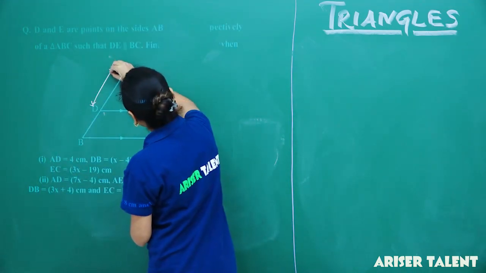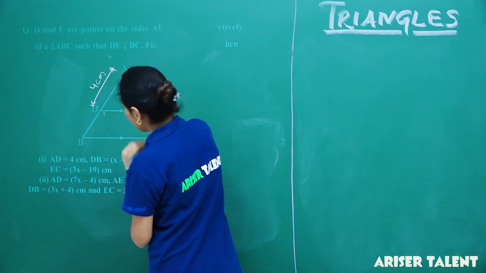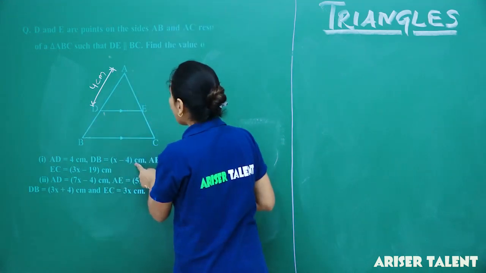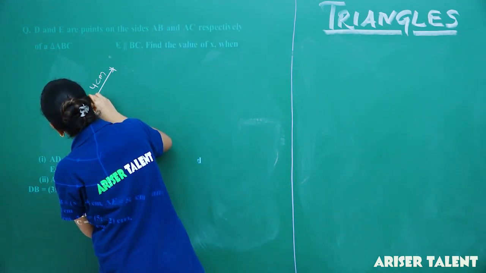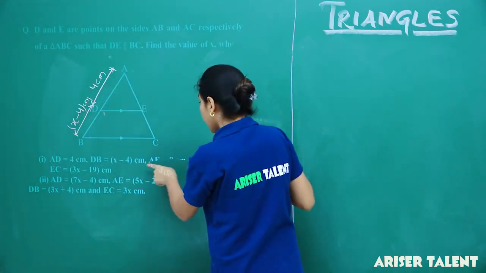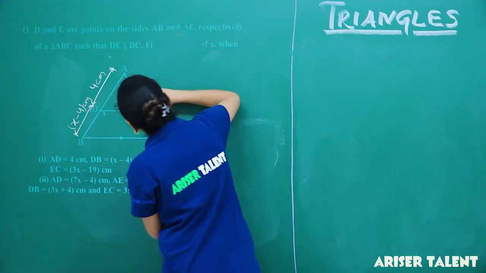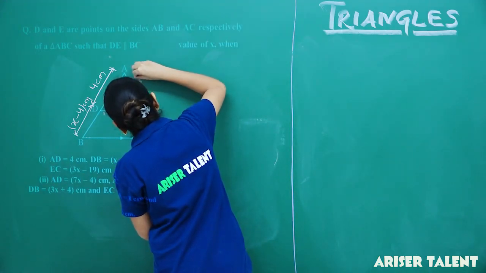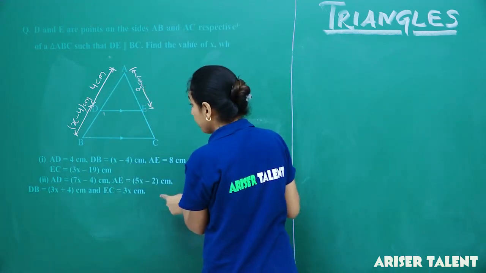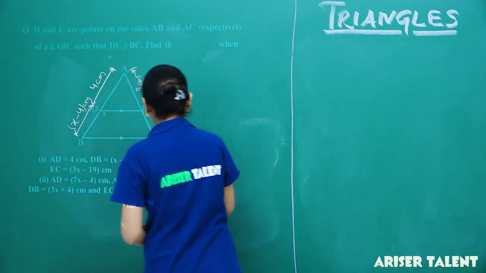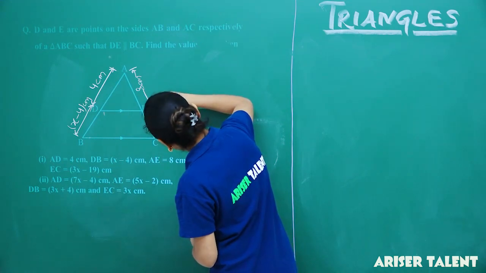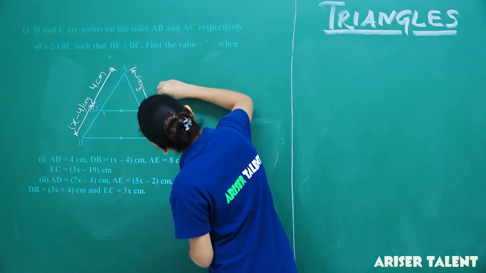DB is equal to x minus 4, students. AE equals 8 centimeter, and EC is 3x plus 19 centimeters.